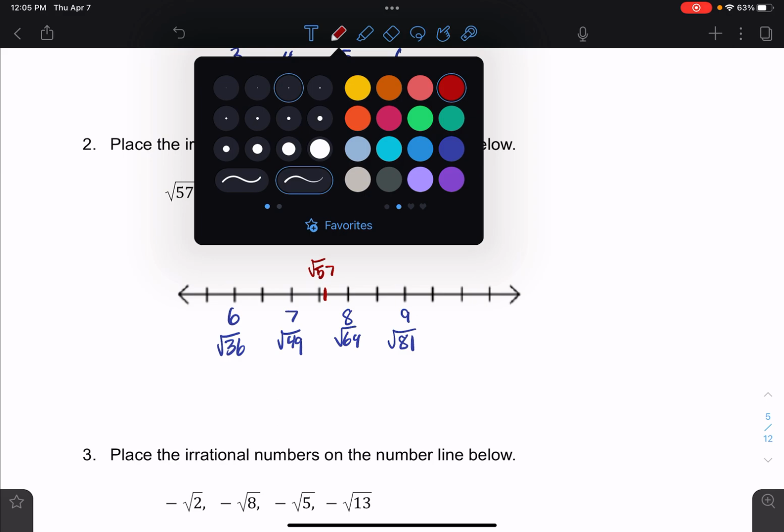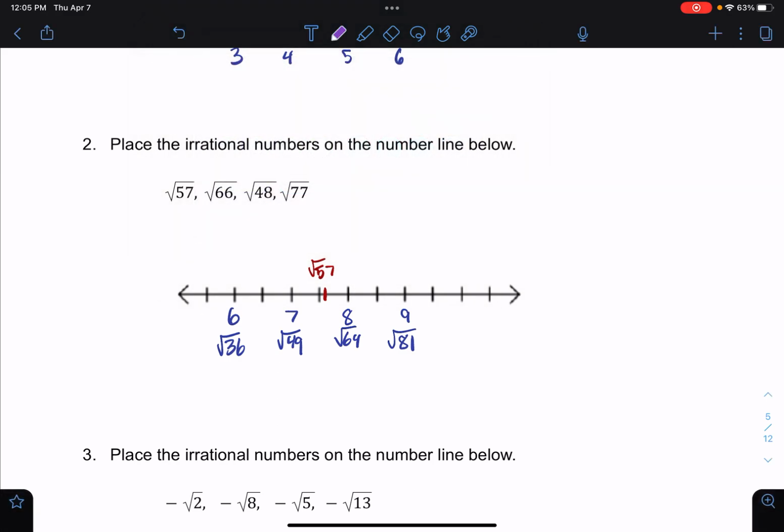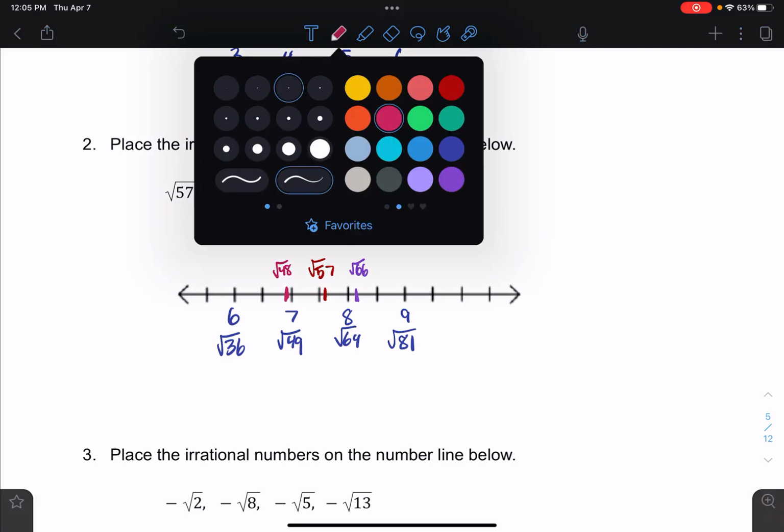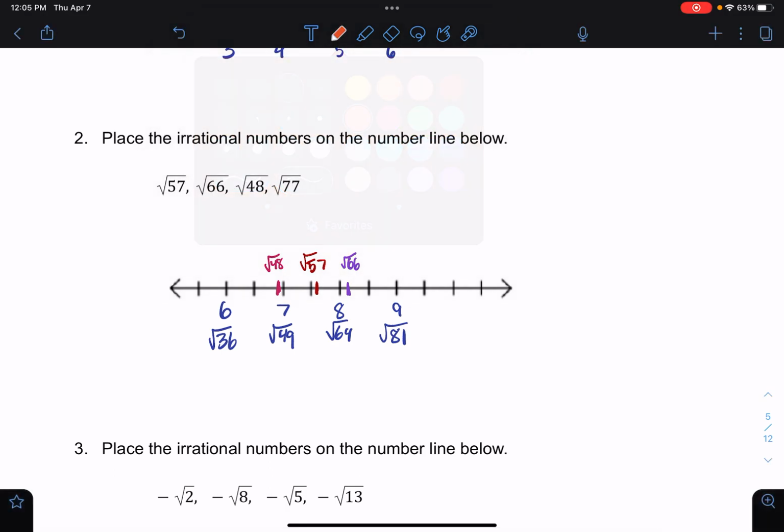Okay, then the square root of 66, that's going to be a little bit bigger than the square root of 64. The square root of 48, that's got to be a little bit smaller than the square root of 49. All right, and the square root of 77, that would be a little smaller than the square root of 81. It's maybe there. I don't know. We're estimating here.